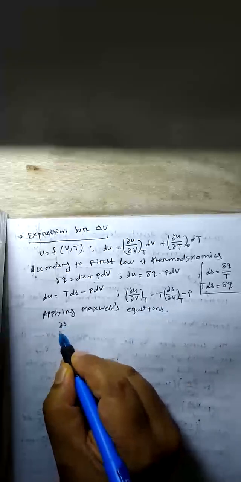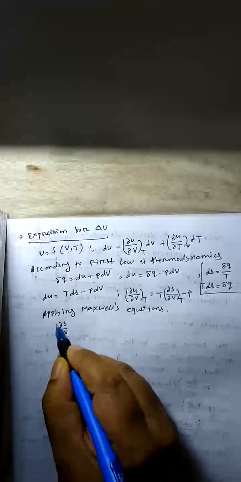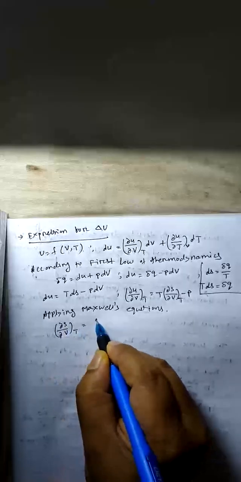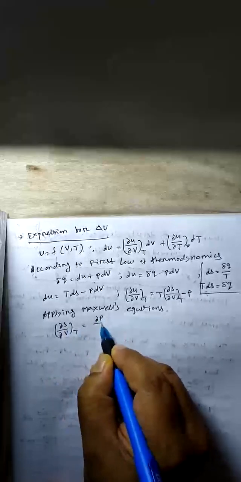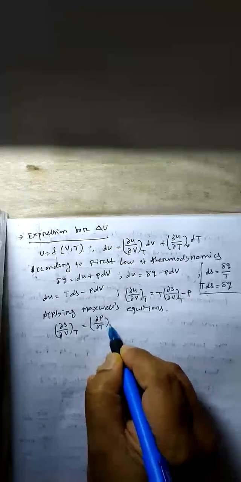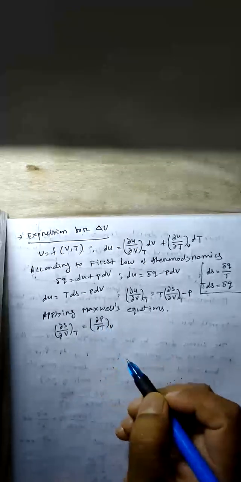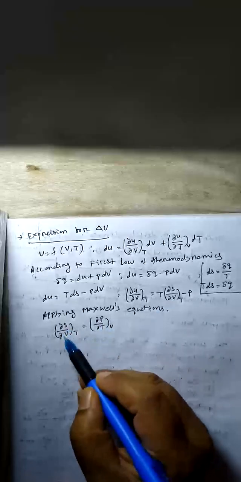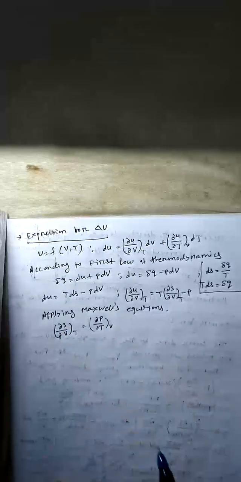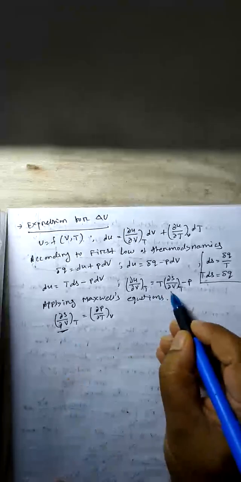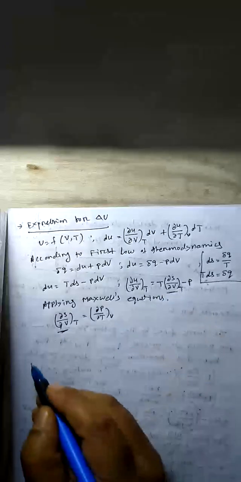Then according to Maxwell's equation, ∂S/∂V at constant T is equal to ∂P/∂T at constant V. This is according to the Maxwell's equation. Now substitute this ∂S/∂V value with ∂P/∂T.